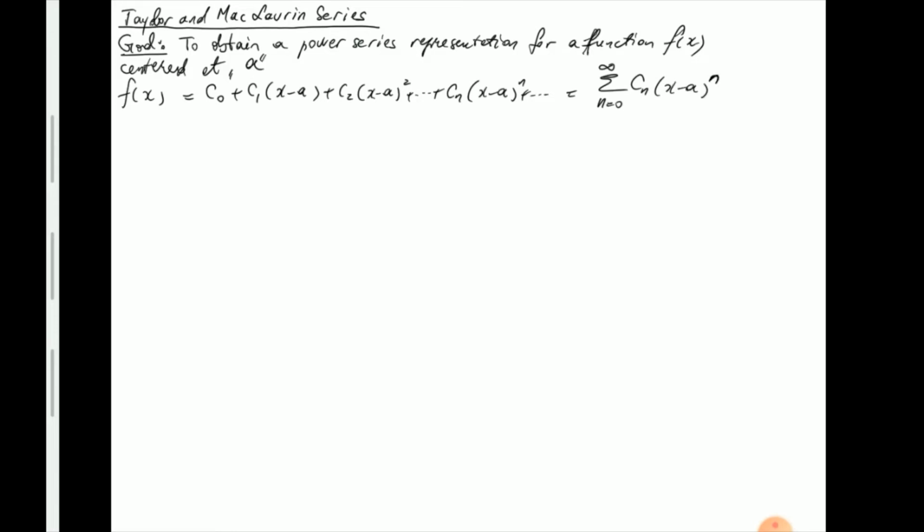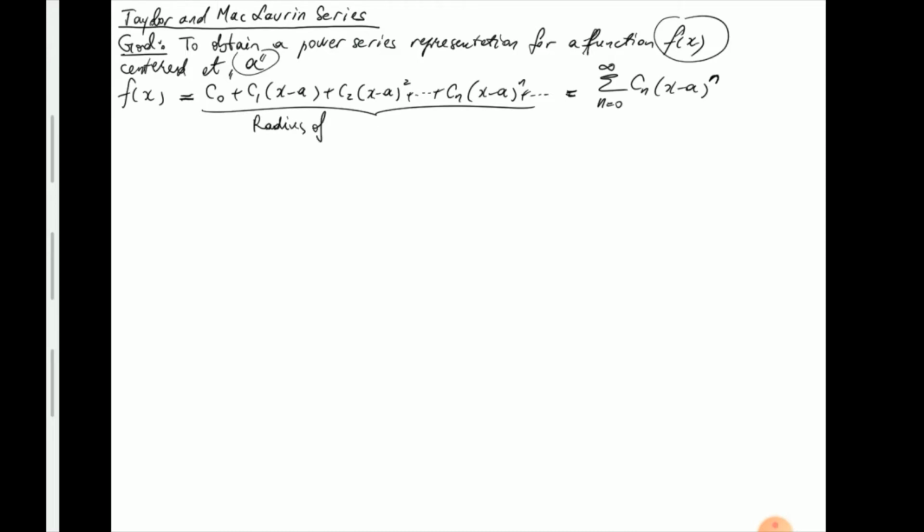So the idea is to actually find these coefficients, right? The real unknown here, because the function f of x and the number a is given, typically in applications, or you decide basically what's going to be the number a. The idea is to find the coefficients such that you can write the equal sign between the function and the series. So you want the series, of course, to converge. This series will have a radius of convergence.